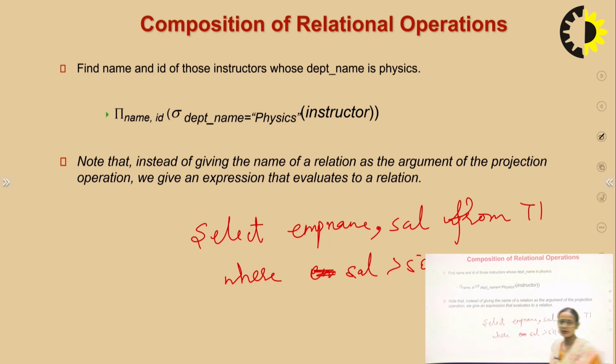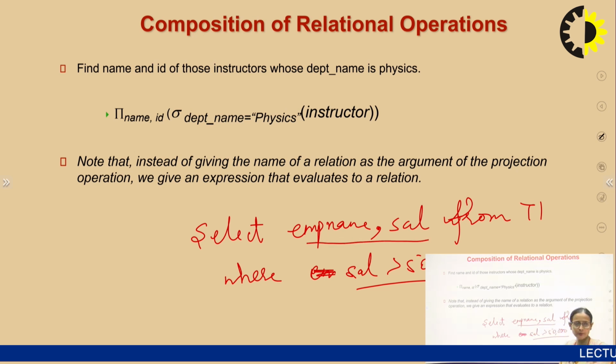In this case, we need to select only a few rows where this condition is met. Moreover, we don't need to show all the attributes. We only want these two attributes to come in the final output.